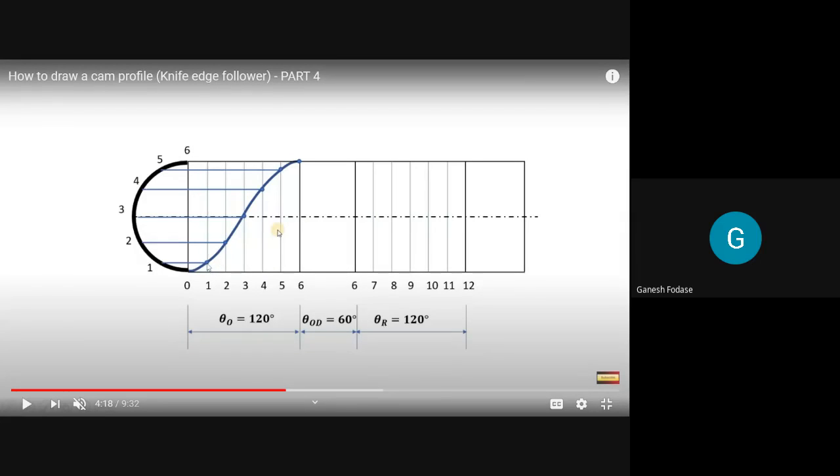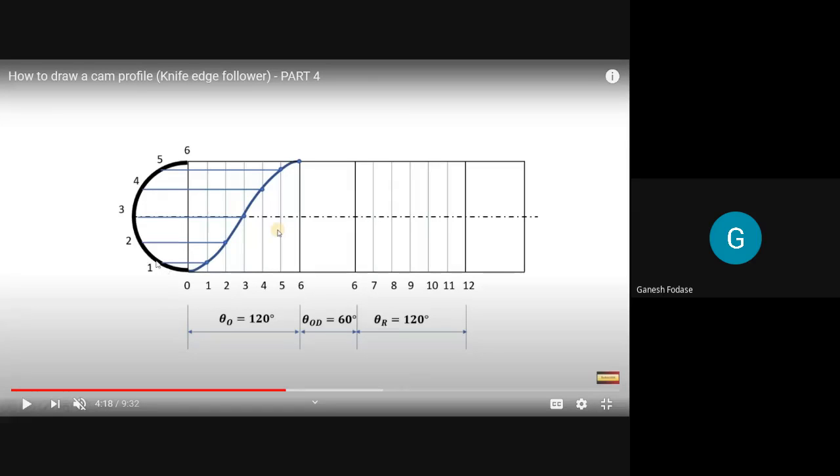Which will be the corresponding line of 1 here? Up to where can I project this point? On 11. So this point will be here on 11, then this point up to 10, then 9, 8, 7. Draw the corresponding points directly by projecting. Actually, we can take this projection throughout.